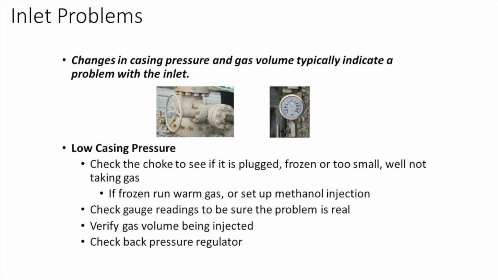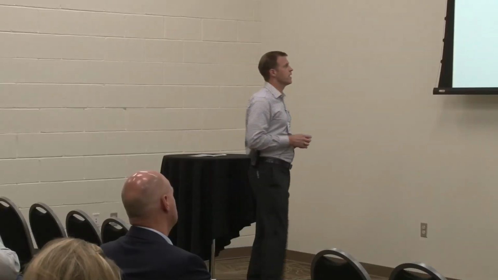Typically with a low casing pressure, a lot of it is associated with the choke. The choke can either be undersized to reduce cost in wintertime or in high wet environments. It can be frozen. And in other areas, especially new construction areas, the chokes can get plugged. Typically, welding debris, metal shavings, those types of things tend to plug up the chokes.